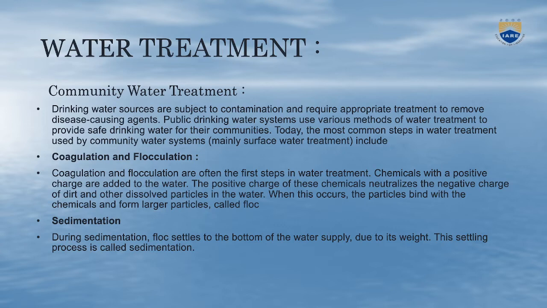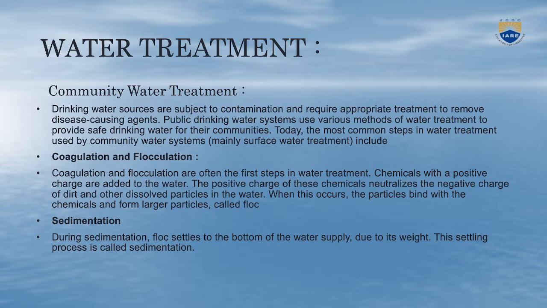Public drinking water systems use various methods of water treatment to provide safe drinking water for their communities. Today, the most common steps in water treatment used by community water systems, mainly surface water treatment, include coagulation and flocculation.